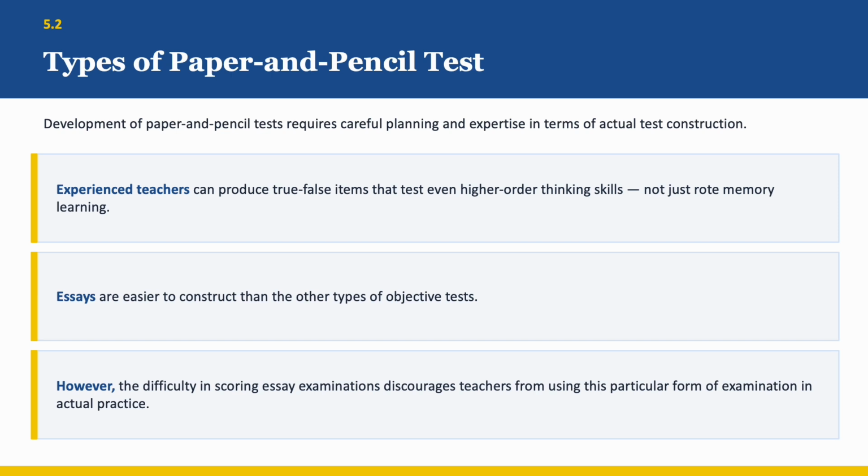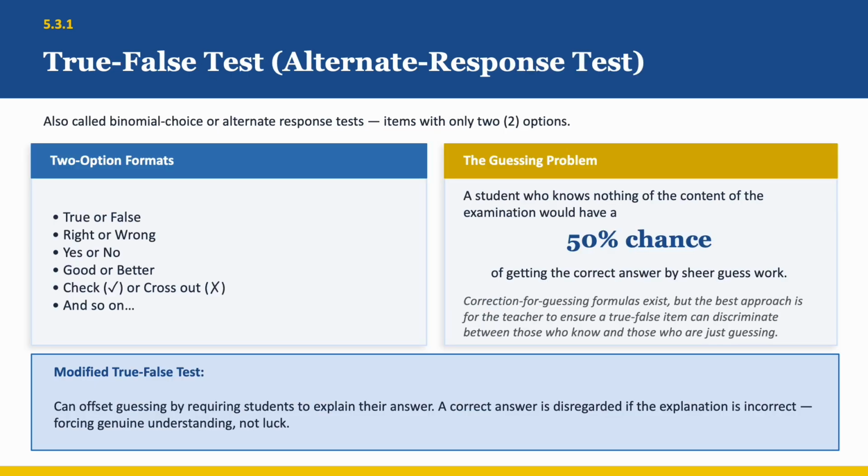Okay, let's move on to the true or false test. So, this is also called the alternate response test or the binomial choice test. So the name binomial literally means two names or two options, and that's exactly what this test is.